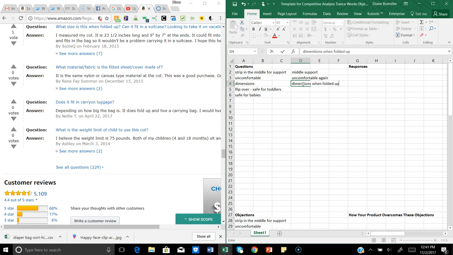Now the reason we're doing this is because this is part of a theme, right? So we can see, talking about middle support, uncomfortable, uncomfortable, and they're talking about the bar in the middle support, right? So these are things you'll want to hit on. People are asking about this. Does it fit in carry-on luggage? Unless yours folds up really small, I wouldn't hit on that. Weight of the child.